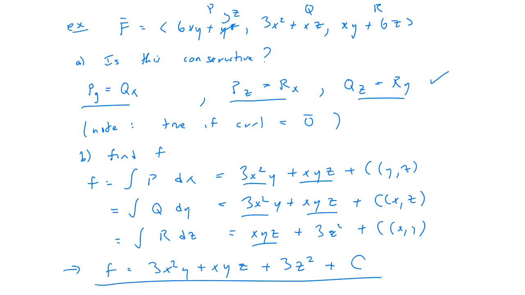And now if I wanted to do a line integral of this vector field over a particular region, since it is conservative, I would just have to put in the 2 endpoints. So if I want to go from 0, 0, 0 to 1, 1, 1, I would put in 1, 1, 1 to get, in this case, 7, put in 0, 0, 0, which gives you 0, and we would get that the integral is 7.